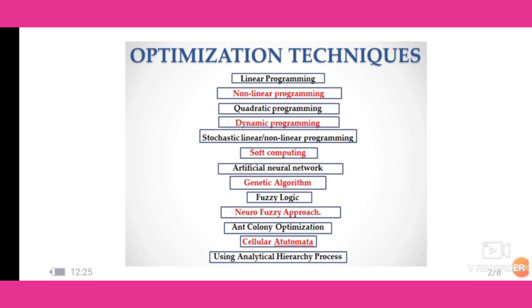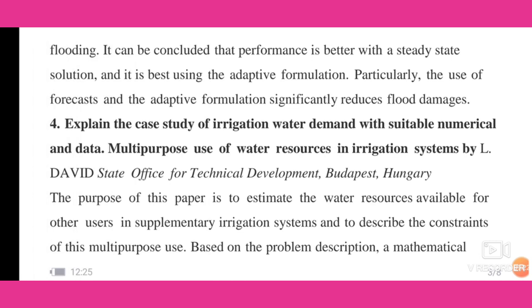At that time, the computing techniques in optimization that are used may be linear programming, non-linear, quadratic, dynamic, stochastic, and soft computing as well. So soft computing has been dealt with separately, and in the optimal allocation these optimization techniques may also be used.